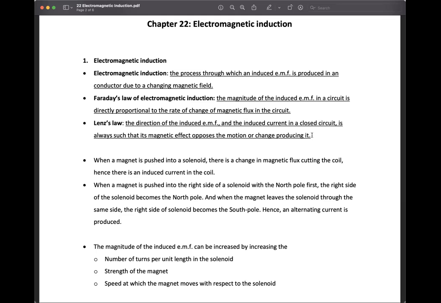Sounds very complicated, right? First of all, electromagnetic induction. The first point, if you understand, give me a yes reaction. Do you understand what this means? Give me a yes reaction.